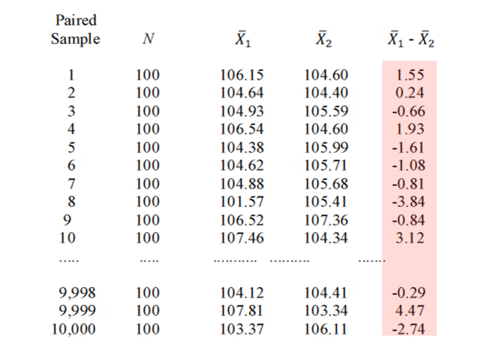You may remember that when we created the sampling distribution, we calculated the difference between the means for 10,000 paired samples. The column on the right side of the slide contains the difference between the means for 10,000 samples. So the question the t-test addresses is, how does the observed difference between sample means in our study compare to these 10,000 other differences?